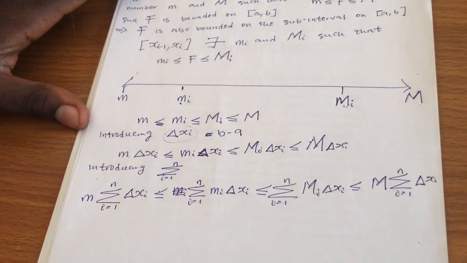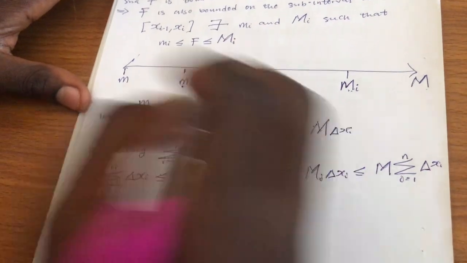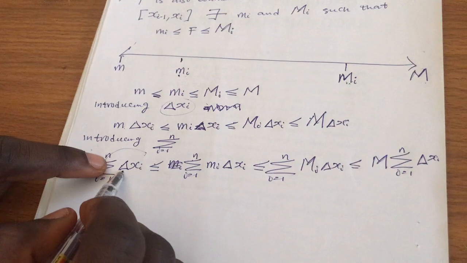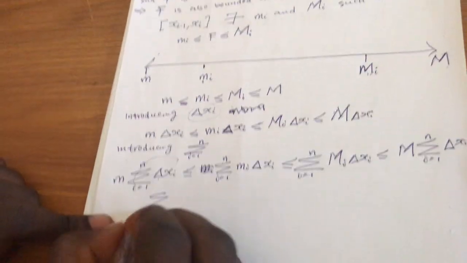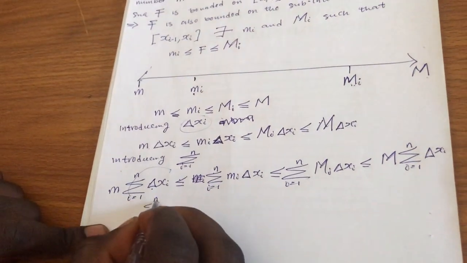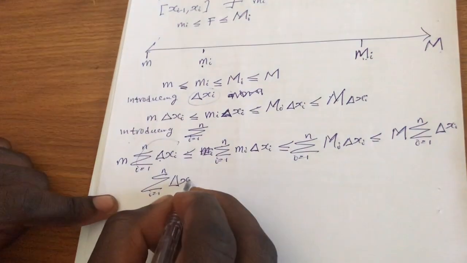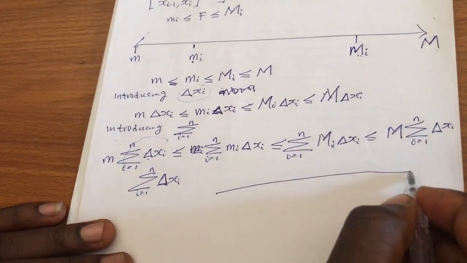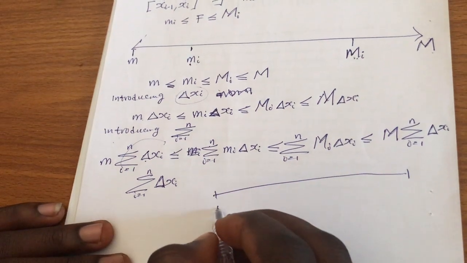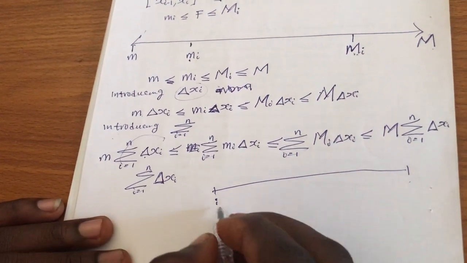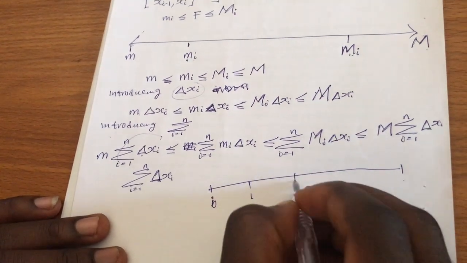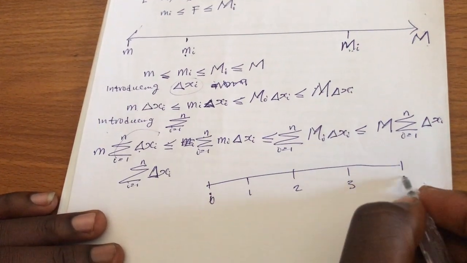Now, look at this expression I gave earlier. Let me talk on this, the sum i equals 1 to n. For example, if you have this kind of line, this is your starting point, 0, 1, 2, 3, 4.